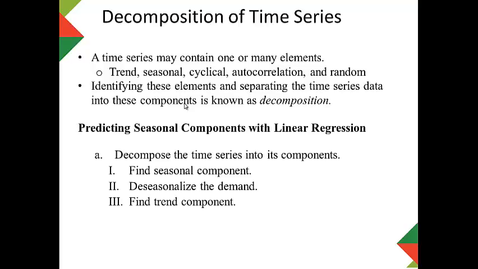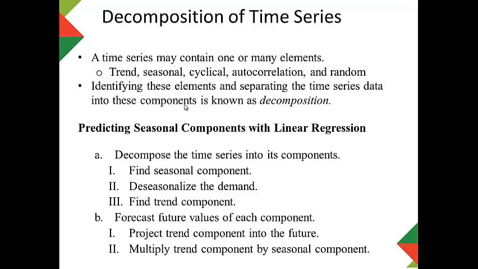separate the seasonal element and separate the trend component from the original historic time series, and then based on that we'll first project the trend component and then multiply the previously calculated seasonal component with the future trend predictions, and that will give us a future prediction that has both the trend component and also the seasonal component.